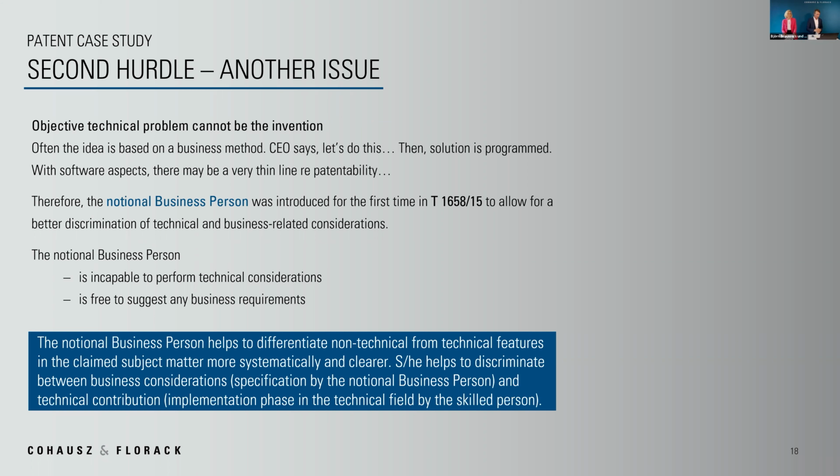Just to give you an example where this happened, there was a plugin performed by many different computers, and the plugin needs, for updates, some authorization, and it was quite a lot of work to authorize each and every party that wanted to update the plugin. And then what was done was, of course, they tried to centralize this on a server, and the server does all of the authentication, and this was the feature.